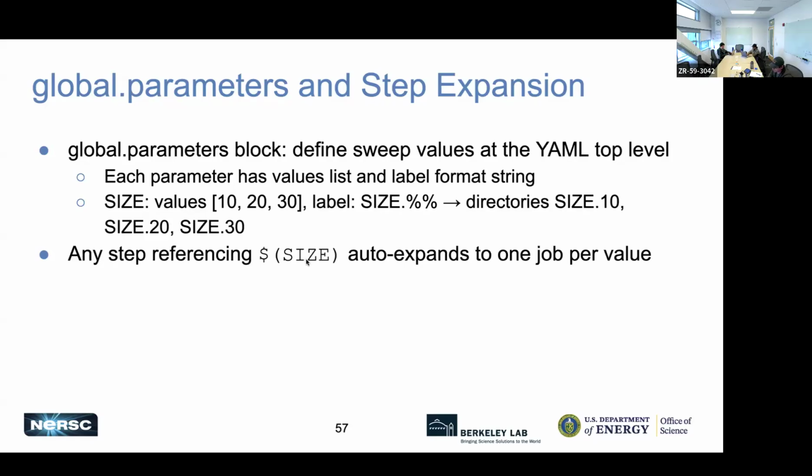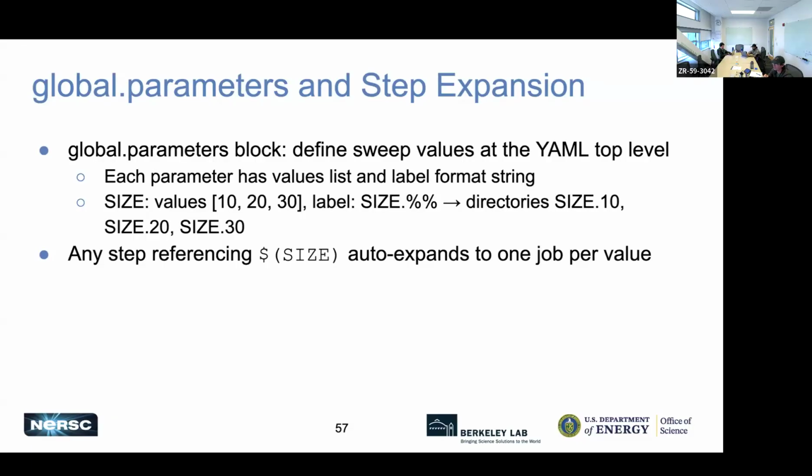Furthermore, the expansion is built into Maestro. So if you skip the dot and the parentheses, then a step that just uses the identifier is going to actually give you 3 steps, and it's going to give you one of each version. It's going to give you .10 and .20 and .30.